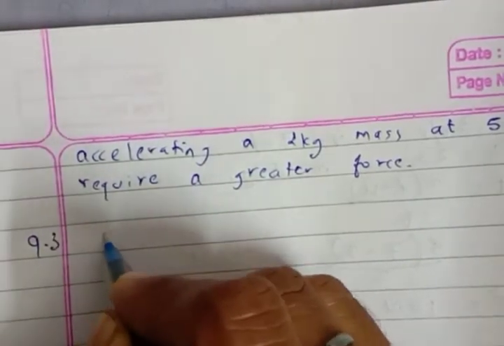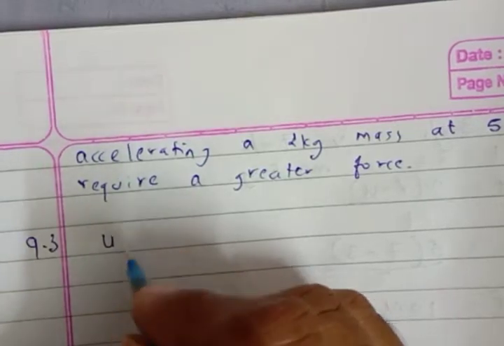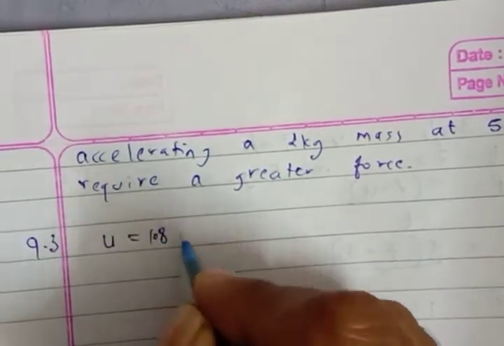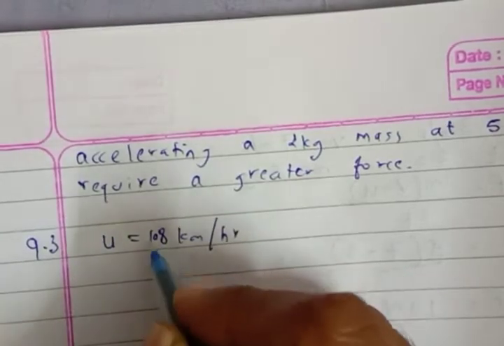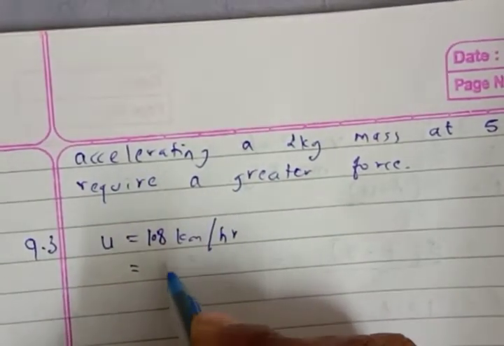What is the initial velocity? Initial velocity is 108 kilometers per hour. Now we have to convert this into meters per second.